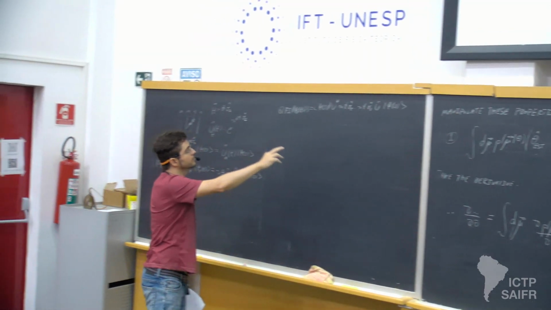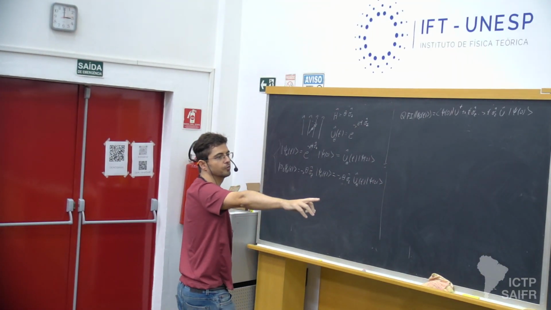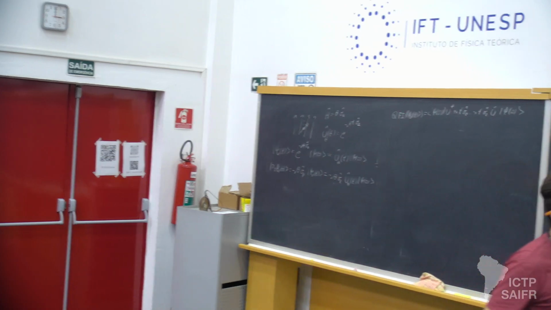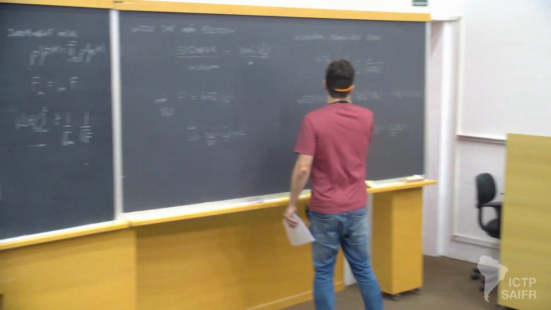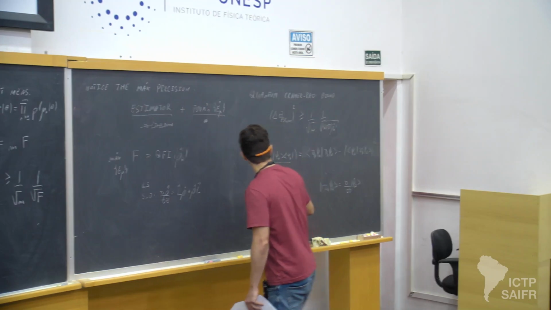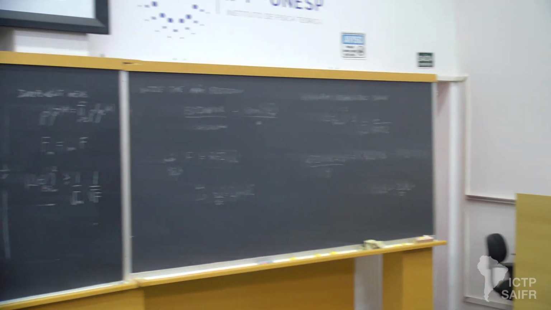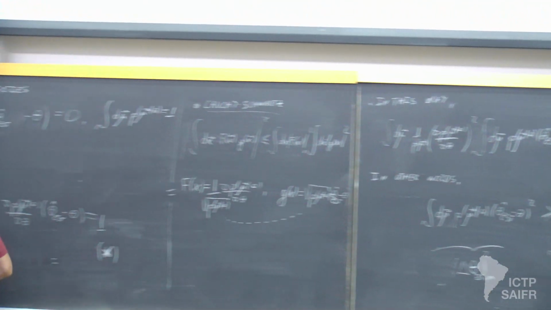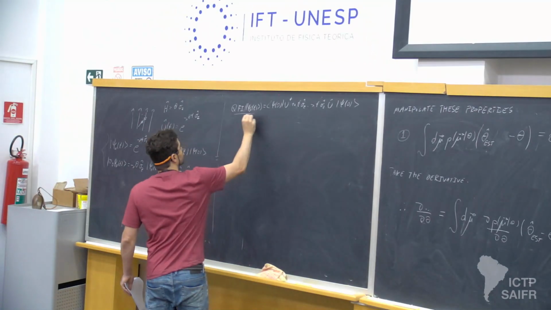This is the first term of the quantum Fisher information. So just to simplify, let me put that this is equal to 4.